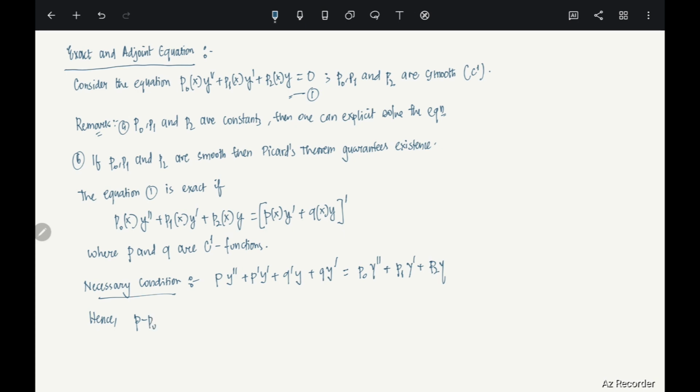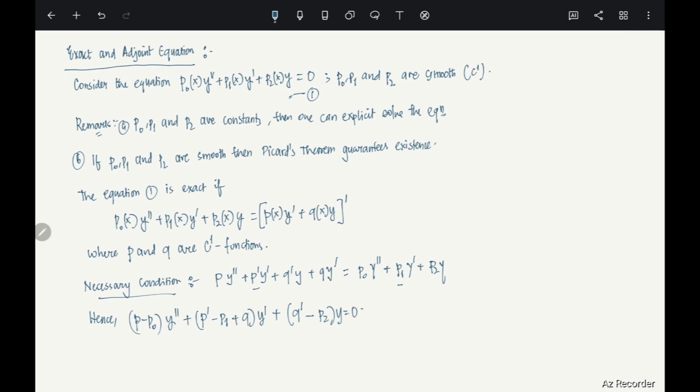(P minus p naught) y double prime plus p prime, this equation, minus p1 y prime, plus q y prime, and then plus q prime minus p2 y equals to 0.